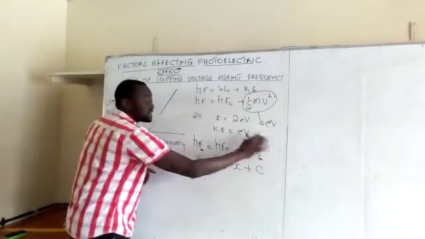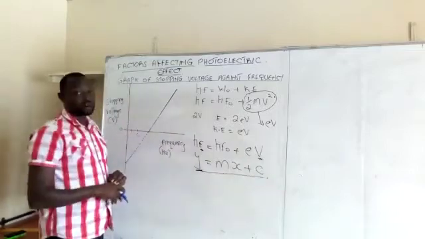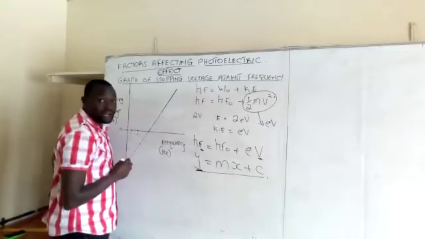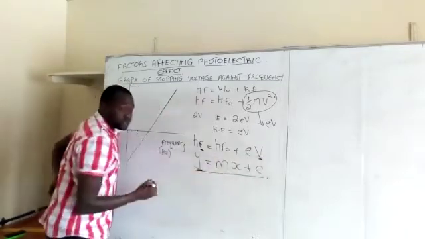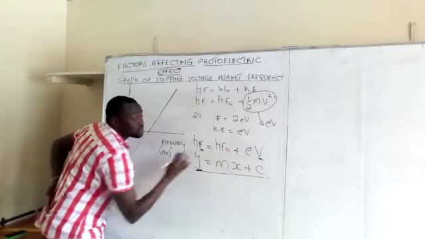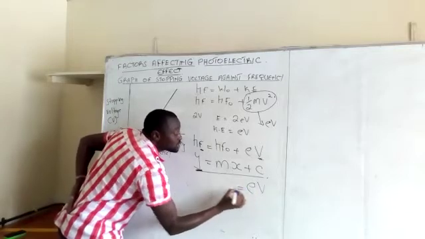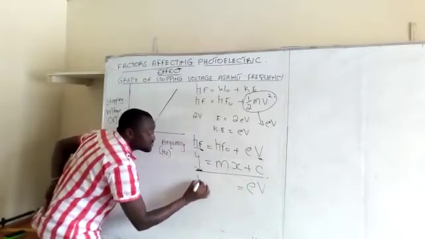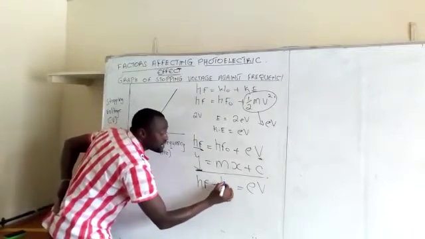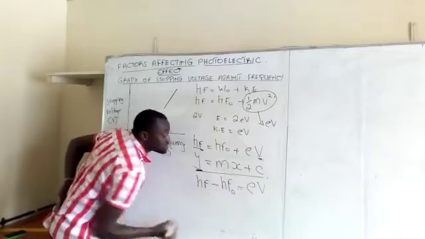So we are going to rearrange this equation to obey this form. Therefore, I need to leave the quantity on the y-axis on its own. So we first subtract the work function on both sides. Then we'll have eV equals the energy of the radiation hf minus hf naught, the work function.